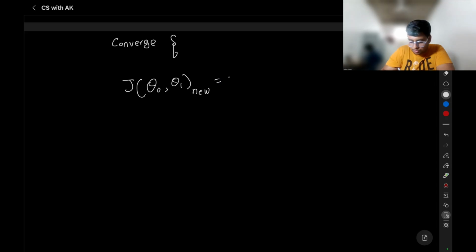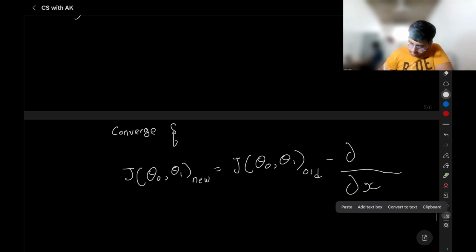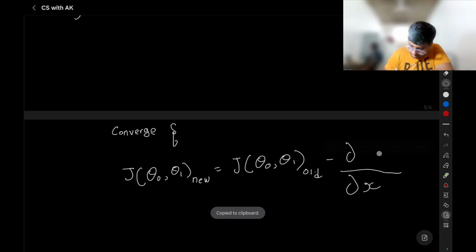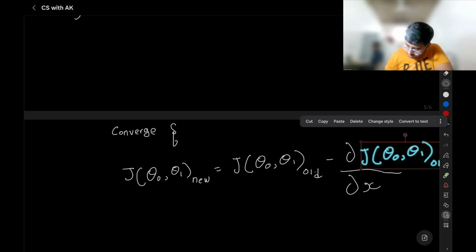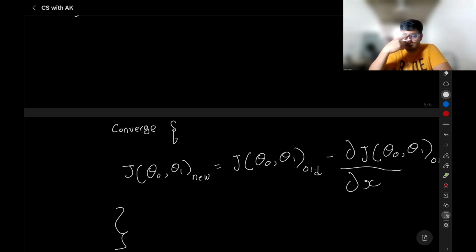New is equal to j of theta naught comma theta 1 old minus the derivative d of dx. Let me copy it. So now we are going to differentiate this cost function again and again.